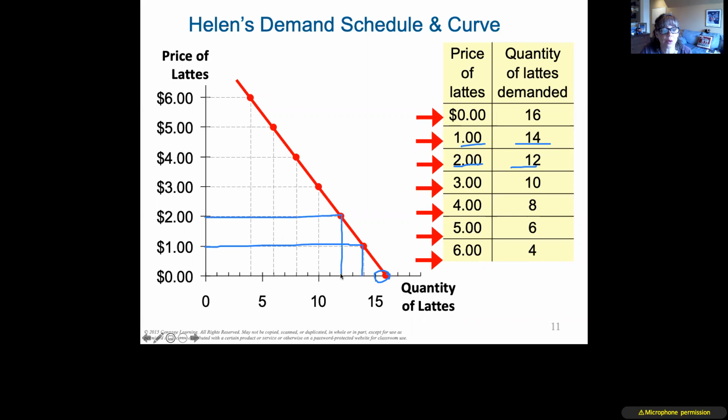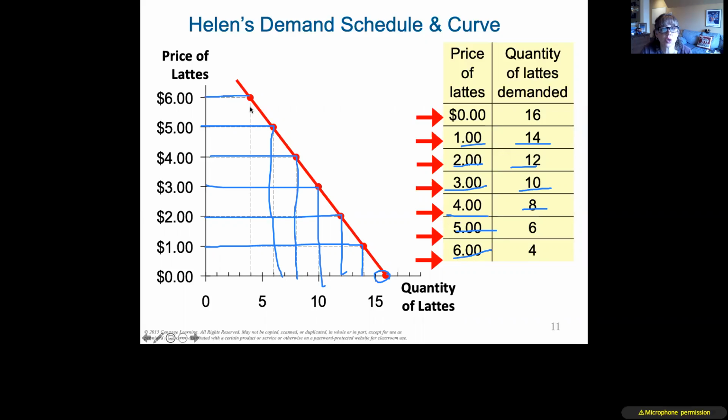When the price is $3, she bought 10. When the price is $4, she bought 8. When the price is $5, she bought 6. And when the price is $6, she bought 4.